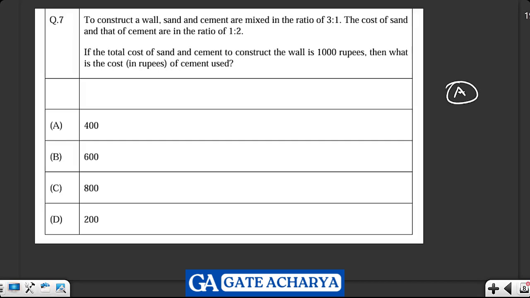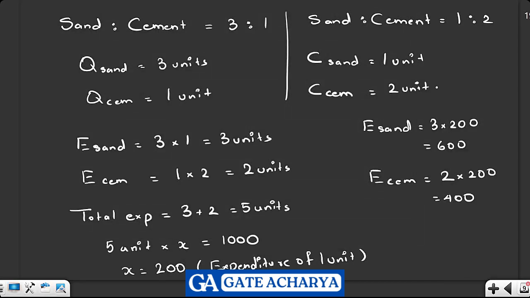Sir, I don't understand how the unit and the cost were integrated into the equation. Okay, let me tell you. The quantity is given as 3:1, right? So I can say it's some 3 units, a multiple of three.